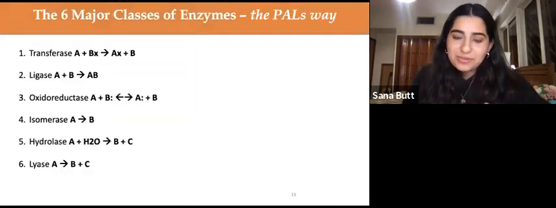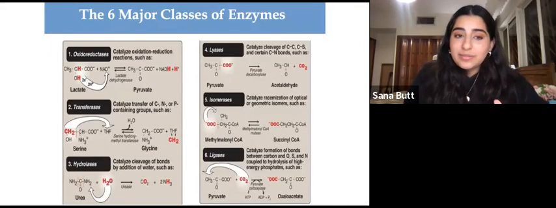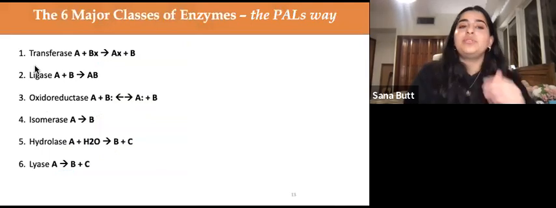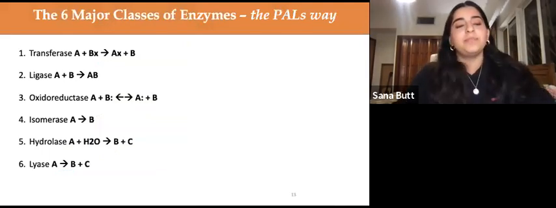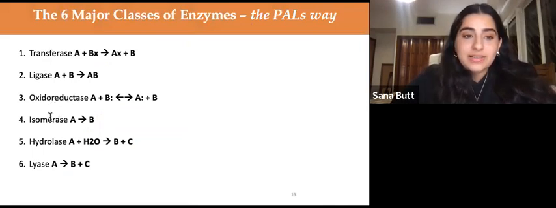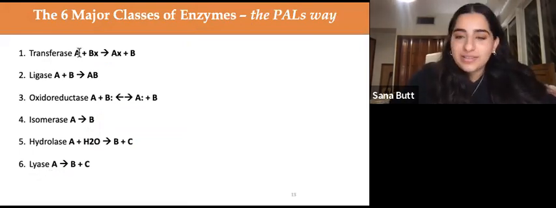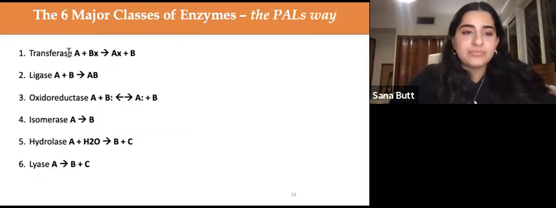So this is the PALS way of explaining this slide. It's the same thing, but we've removed the unnecessary information, and I'm giving you guys what you would need for your exam, inshallah. So transferase, ligase, oxidoreductase, isomerase, hydrolase, and lyase are the 6 major classes of enzymes for you guys to know.